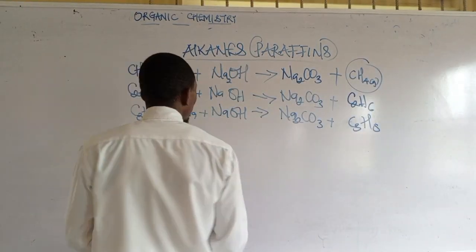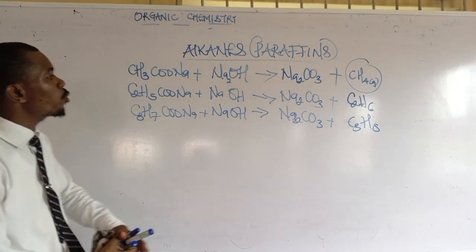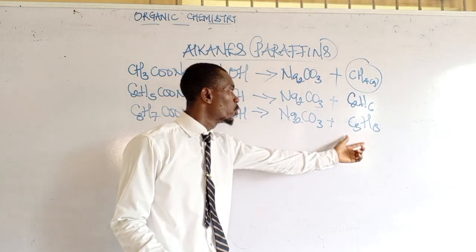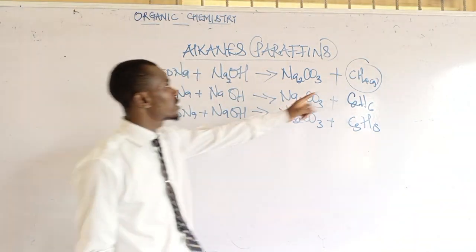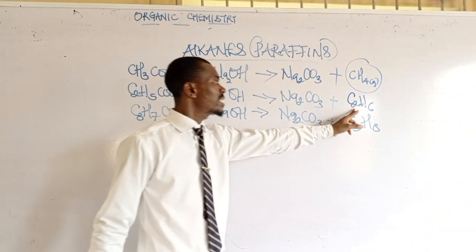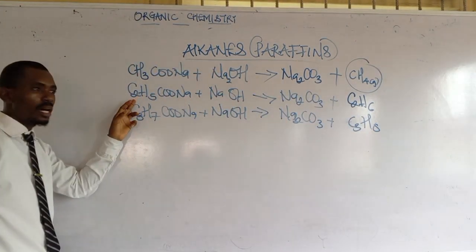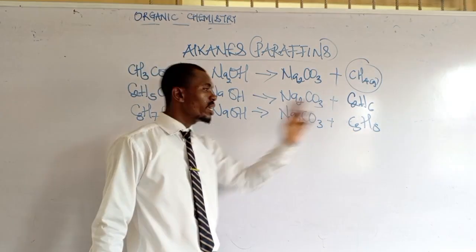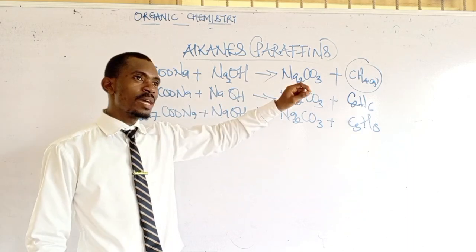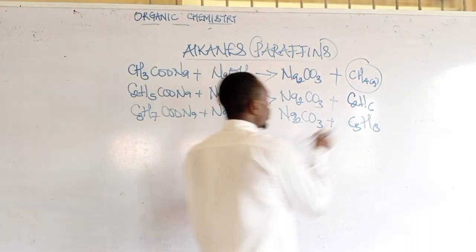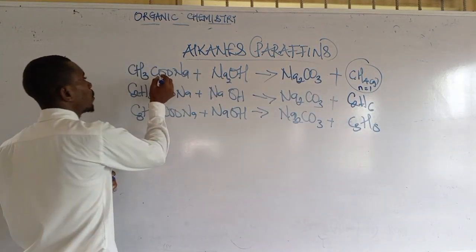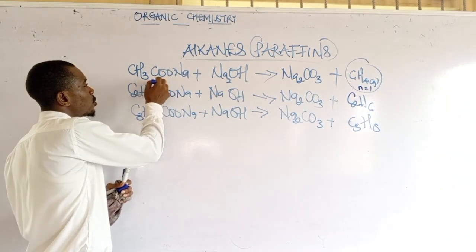Alright, so in the exam, you might be asked how pentane could be produced. It is produced by now using what? Since we got methane from sodium ethanoate, ethane from sodium propanoate, propane from sodium butanoate, pentane will now be from sodium hexanoate. What I mean is that we got methane, which is n equals 1, from ethanoate, that is n equals 2.